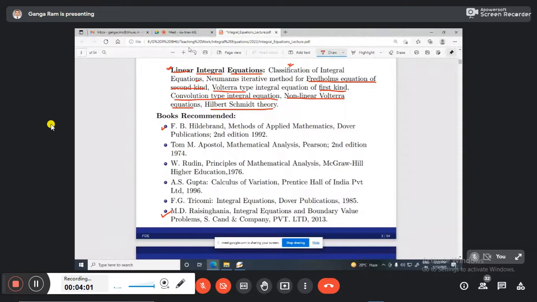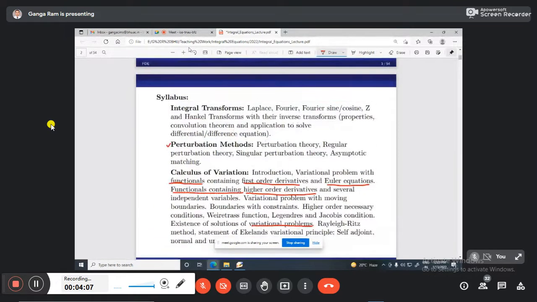Now, you have seen in the syllabus that in the integral equation there are some properties, and to show the differential and difference equation, first order derivative.